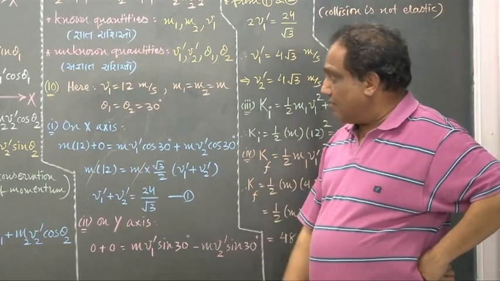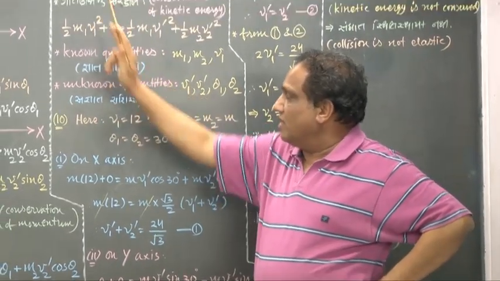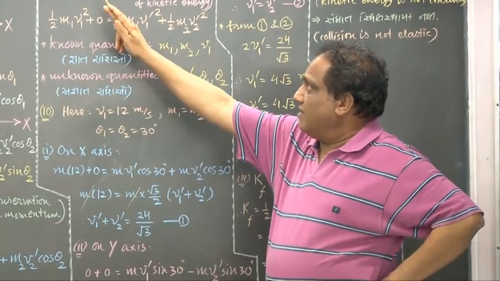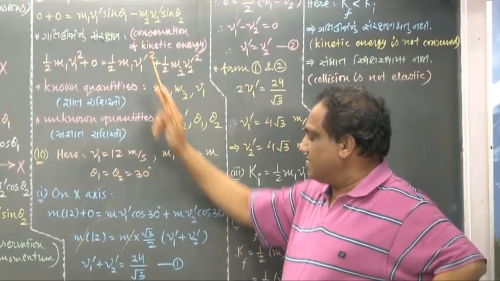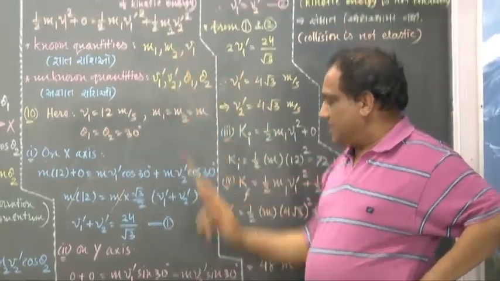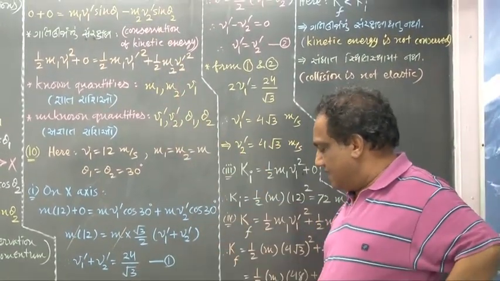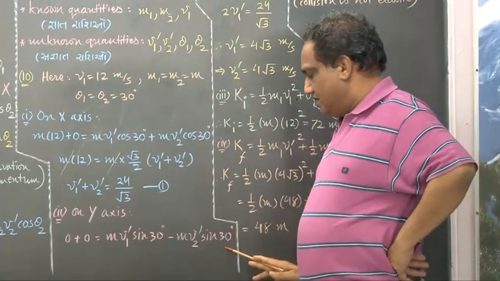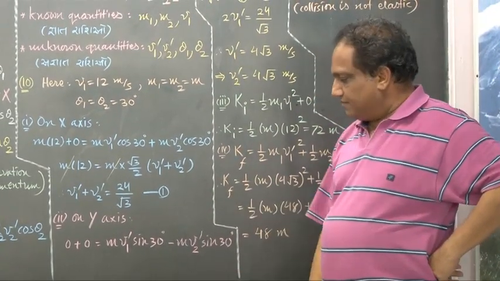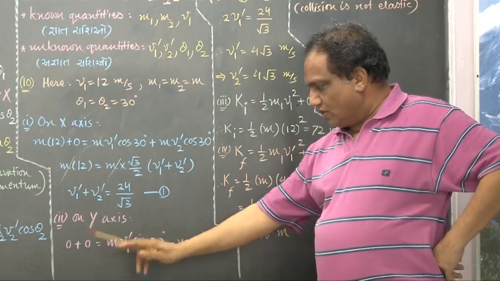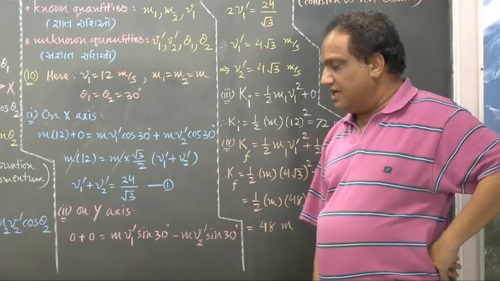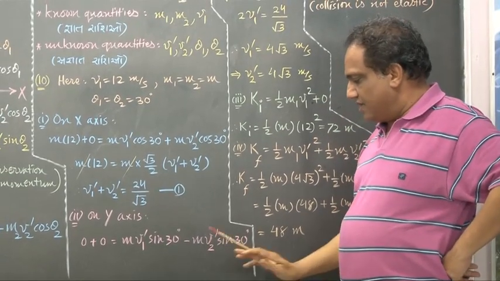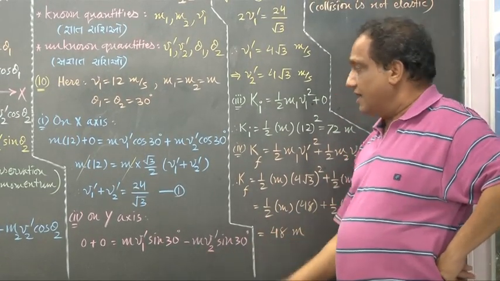Now on y axis, 0 plus 0. And m1 is m, V1 dash as it is, theta 1 is 30 degrees, m2 is m, V2 dash as it is, theta 2 is 30 degrees. Now 0 equals sin 30, that is 1 by 2, into m, that is m by 2, and m by 2 you can take common.